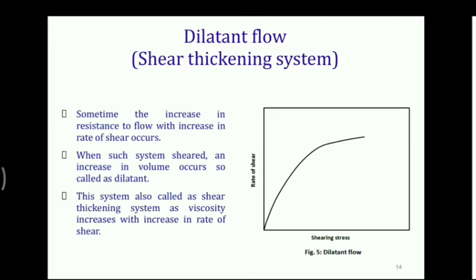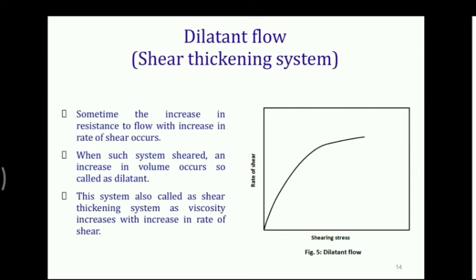When such material is sheared, an increase in volume occurs, so it is called dilatant. Dilation means expansion of the system takes place. That's why this system is given the name dilatant system. So the volume of the material increases. These systems are also called shear thickening systems, as the viscosity increases with an increase in the rate of shear.